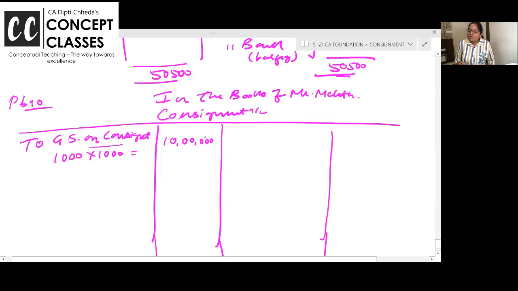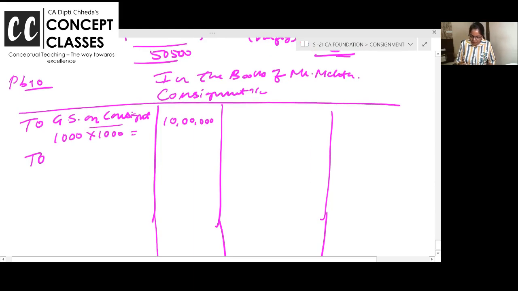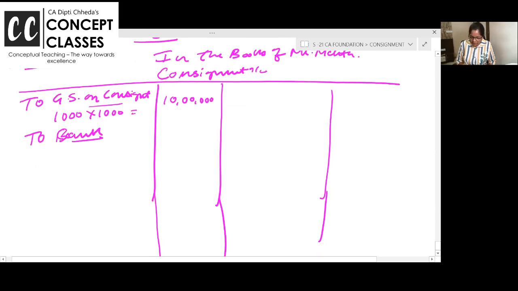Mr. Mehta pays the following expenses. Consignment account debit to bank, because this is our own expense. Carriage 10,000, freight 30,000 plus loading expense 10,000: 50,000 is consignment account debit to bank, my own expense.